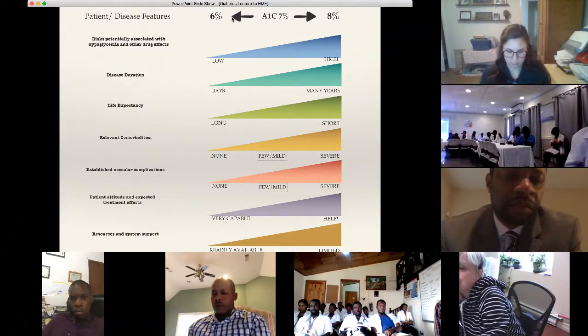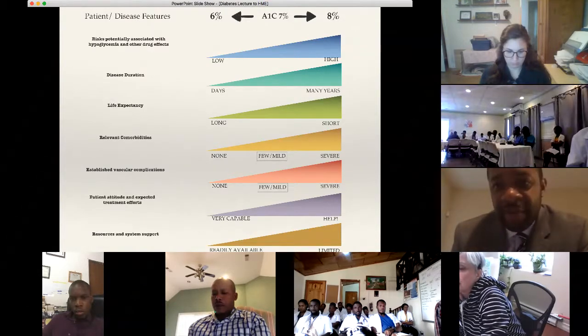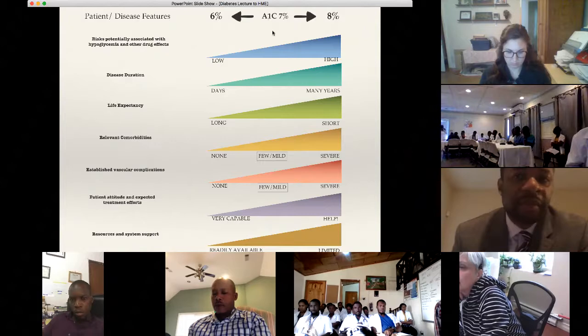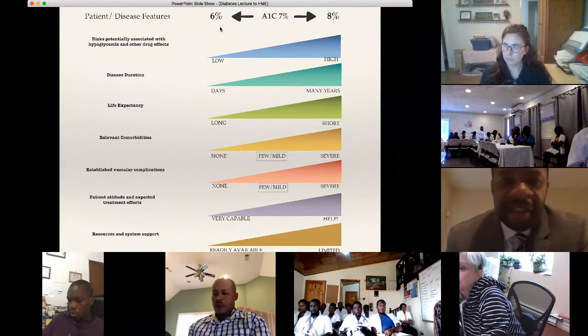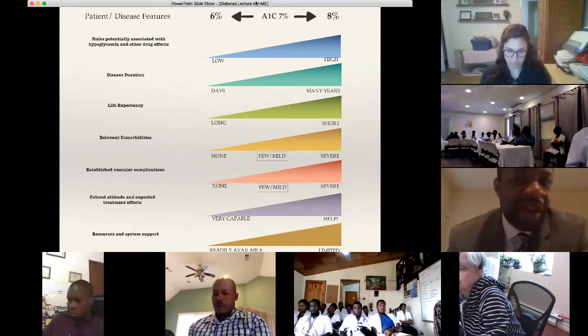Now, we still say 7% because most people are somewhere in the middle. On parle plutôt souvent de 7% parce que la plupart des patients se retrouvent dans cette catégorie-là de 7%. But I mentioned this because this is how diabetes management is starting to change on the outpatient side.